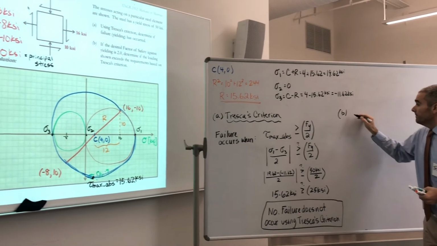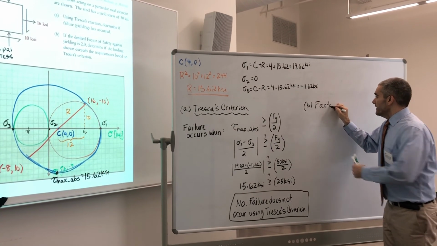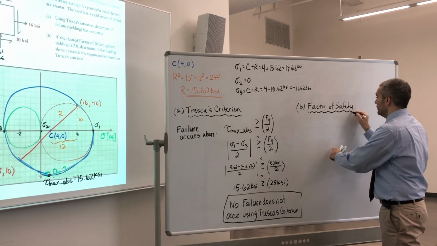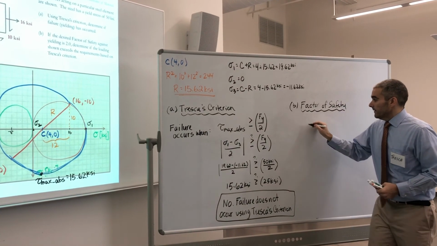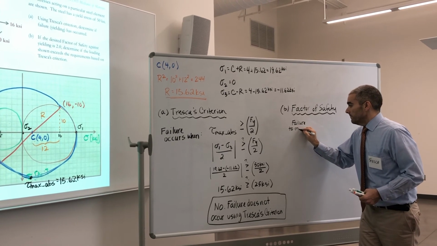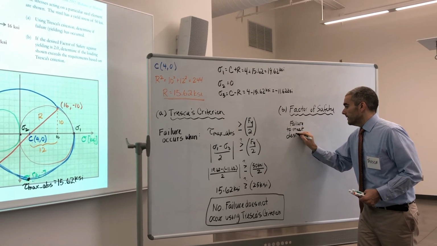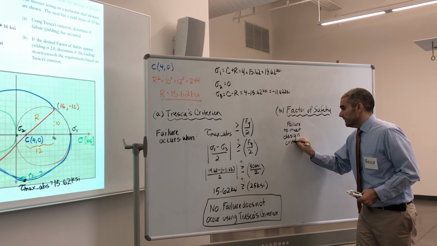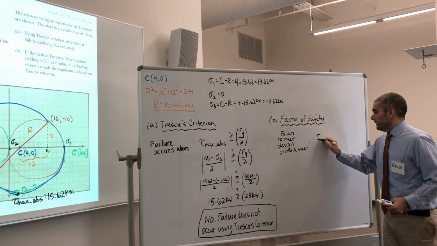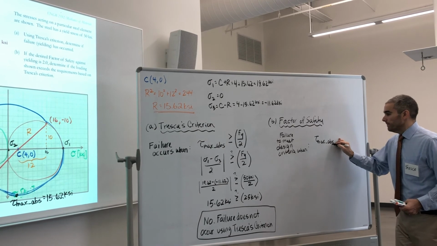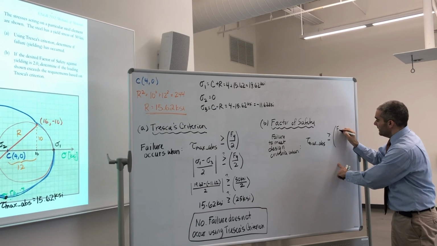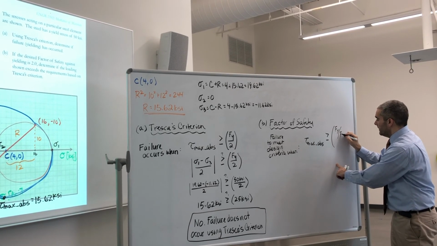So for part B, we want to include a factor of safety. Now I'll say failure, or maybe failure to meet design criteria, when tau max absolute is greater than or equal to, and now I'm going to apply my factor of safety directly to my yield stress by dividing it.